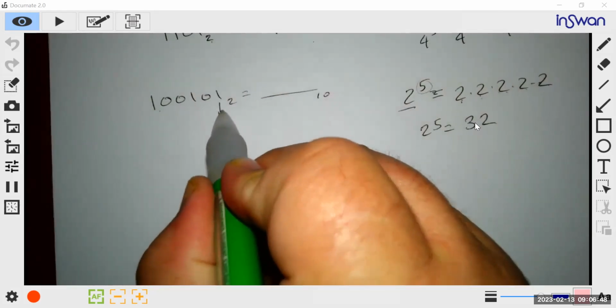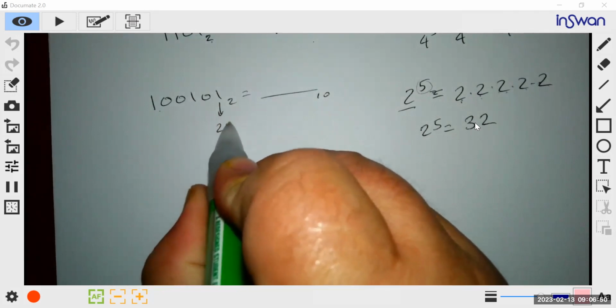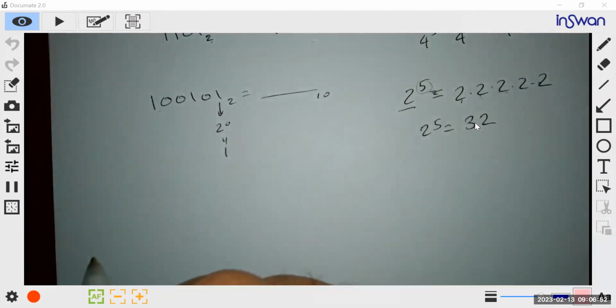So this first column is what? 2 to the 0, which is 1.